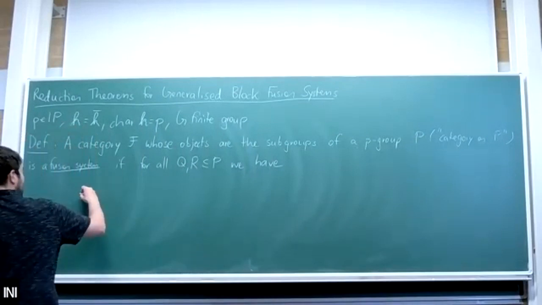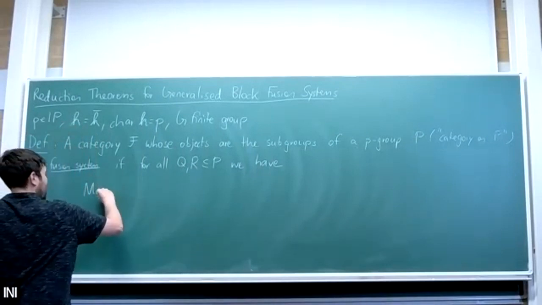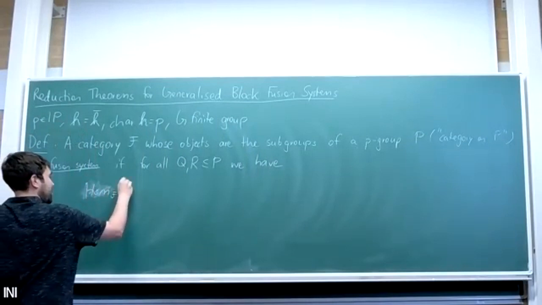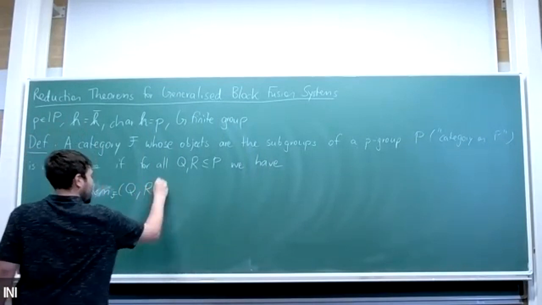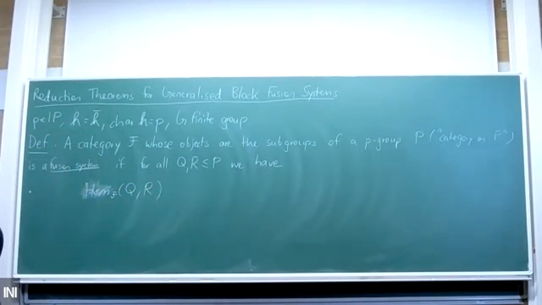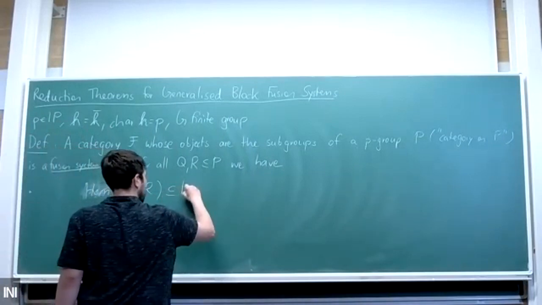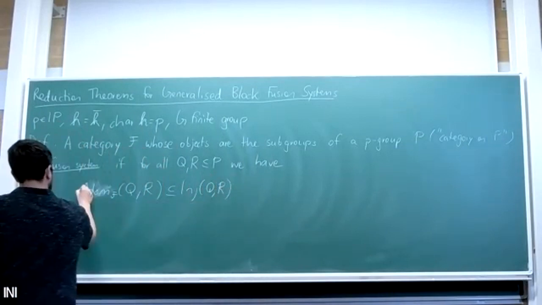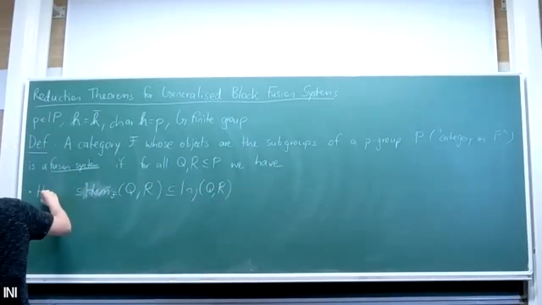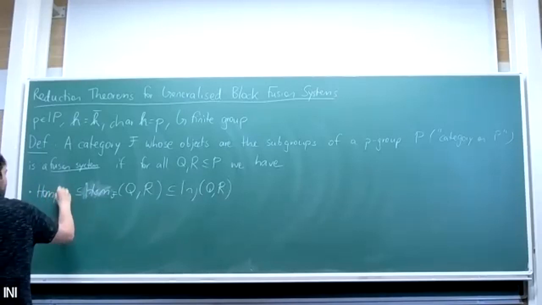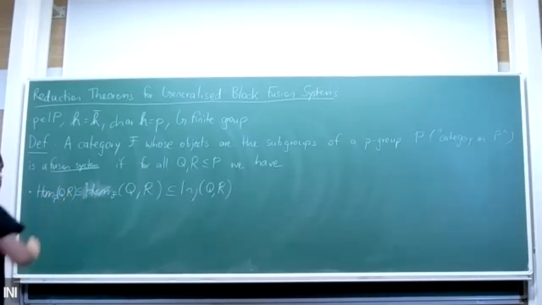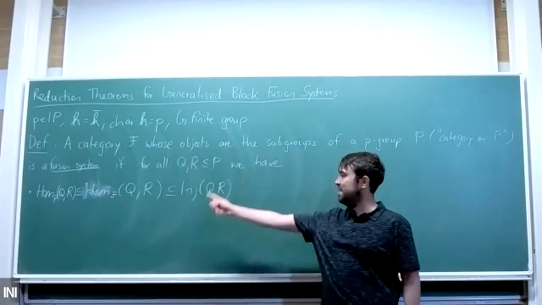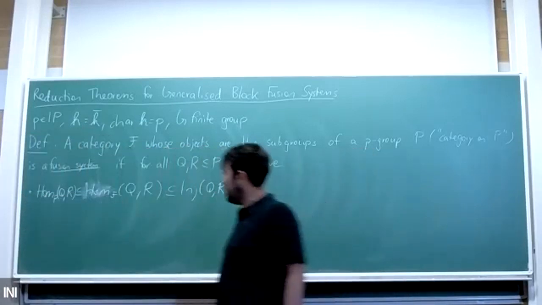So we look at the homomorphisms between Q and R. First of all, we only consider injective group homomorphisms. And secondly, the homomorphisms between Q and R that are induced by conjugation with an element in P need to be contained in here.